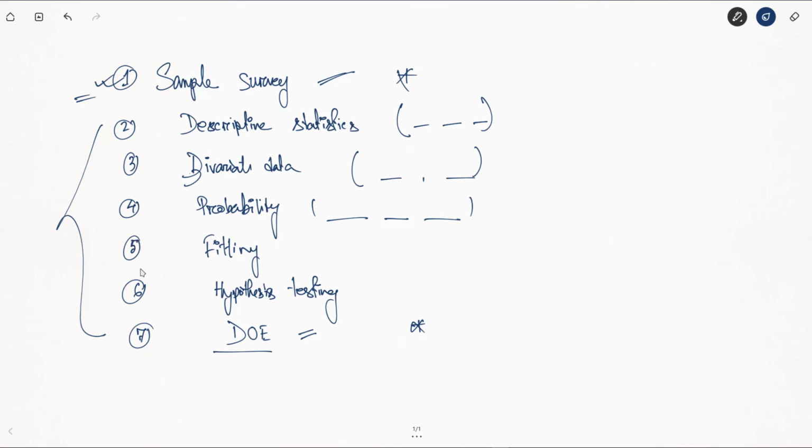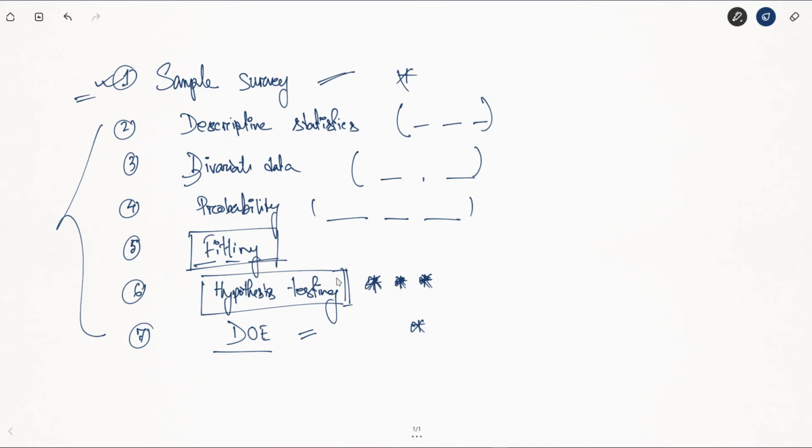Then if you have a data set and you want to fit a certain model to it, that we will learn in the fitting section in unit 5. Then unit 6 is hypothesis testing. Now this is the most important unit in the entire syllabus, because this is the most practical, or the most applied thing in any study, in any scientific research, any social science research.